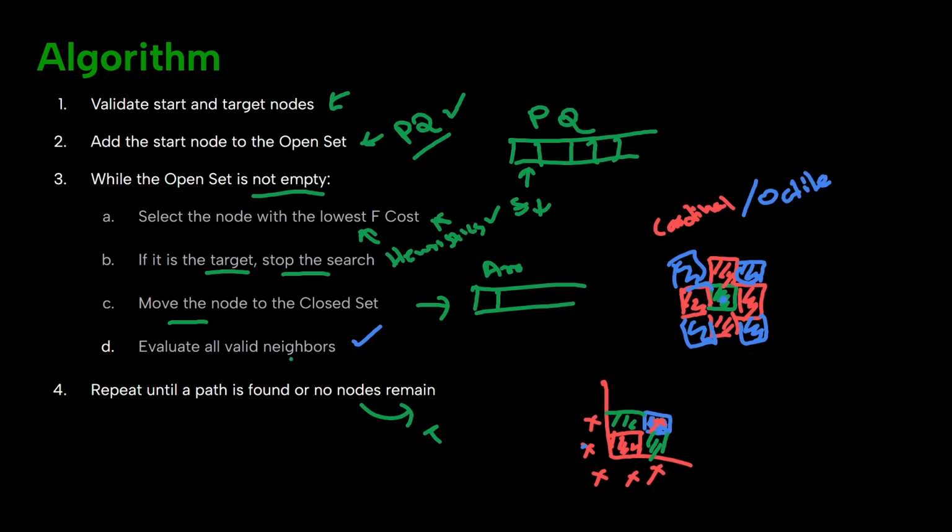And in order to evaluate these neighbors, you have to understand the movement types, and that has been discussed as well. So we have discussed all the required foundational knowledge in order to implement this A-star pathfinding algorithm.